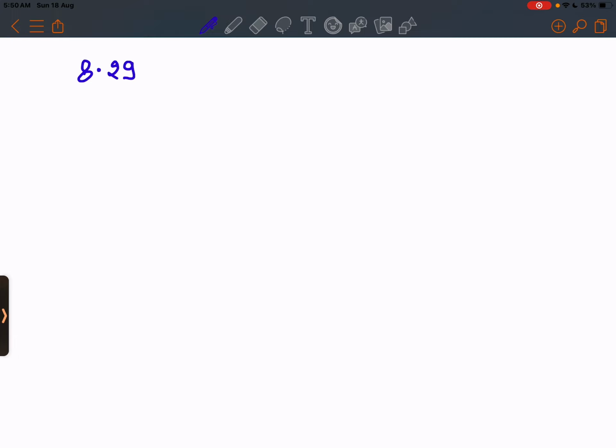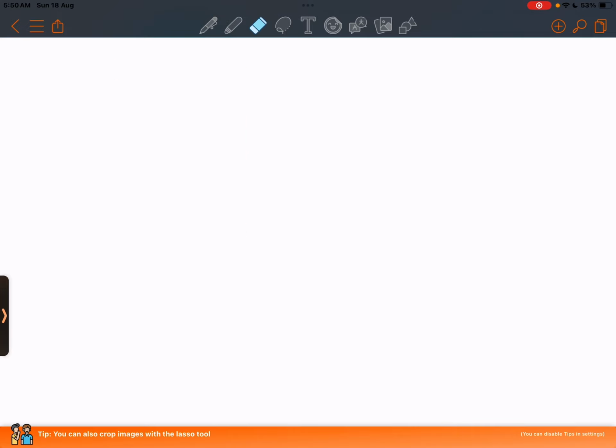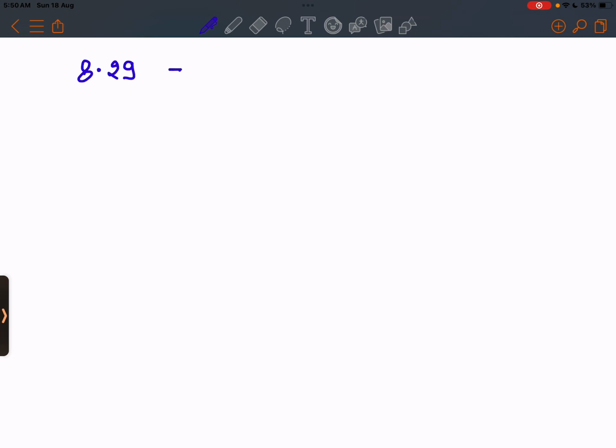Just consider a random number 8.29, and let's look at how we can find the square root by the division method. This number is not a perfect square, and we have to find its root from the division method.